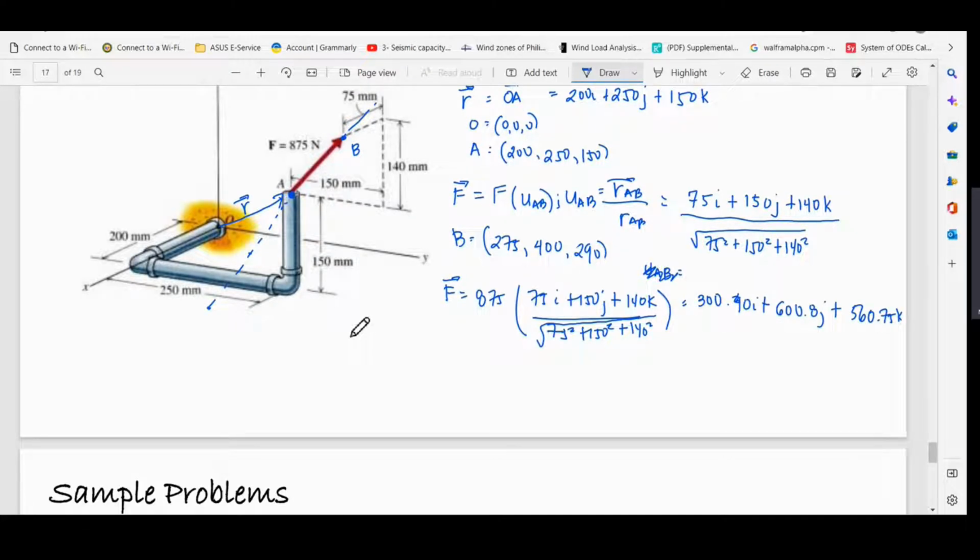Therefore, we are now ready to have the moment. M is equal to R cross F. Okay. R cross F. So, copyhin natin.